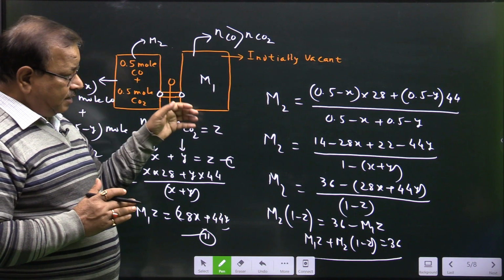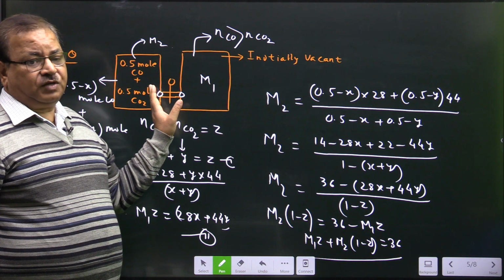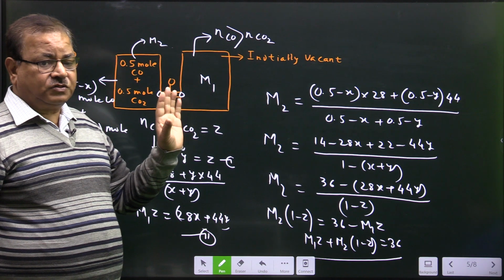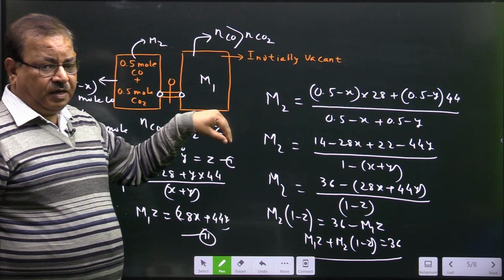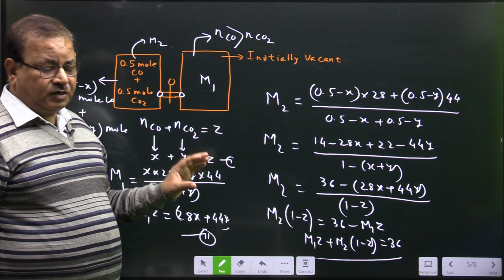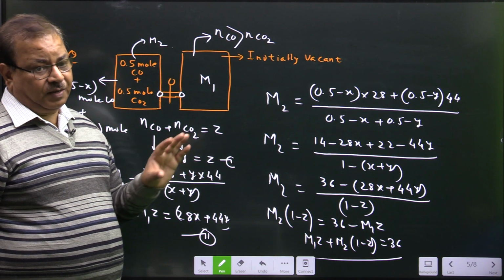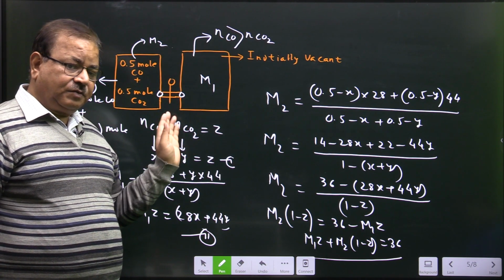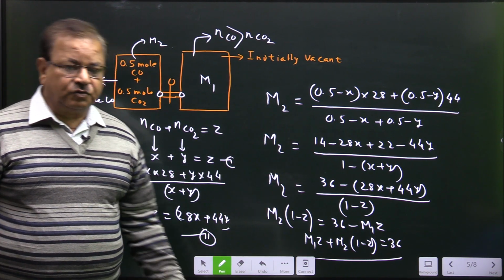In that case हम क्या कर रहे हैं कि दोनों के कंट्रीब्यूशन है. तो पहले मोल्स दोनों में सेम था, लेकिन जब ये same time, area of cross section constant, length of tube is constant, everything is constant, it was vacant initially. In this case moles of CO was more than CO2 being lighter, and X plus Y total moles was Z, and mean molar mass of the second part of the gaseous mixture was M1, and M2 was the mean molar mass of the remaining gas which were present even in the first part. In that situation ये हमें प्रूव करना था, जो कि already I have proved it.